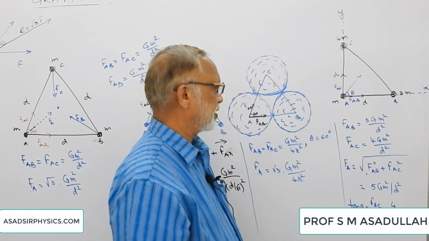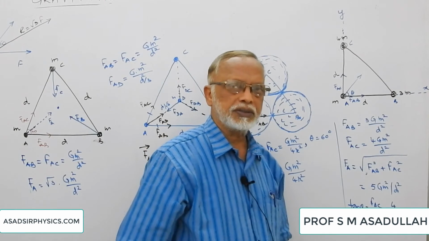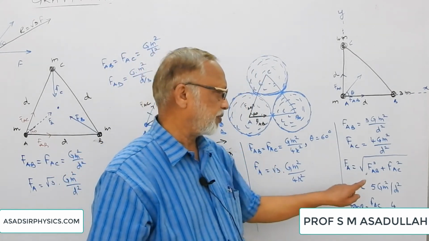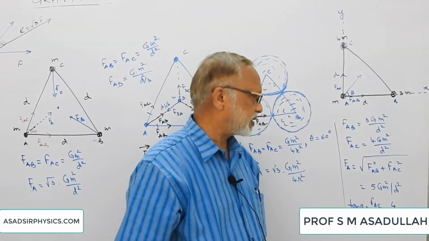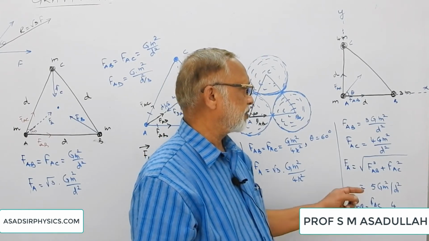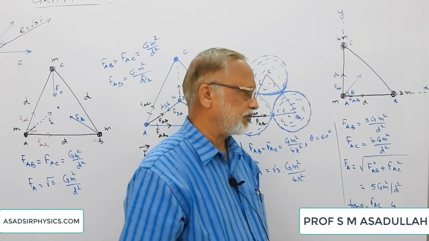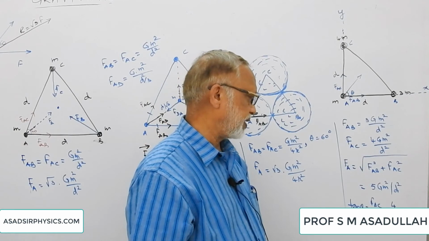We know that if there are two forces at right angles, the resultant is under root one force square plus the other force square. So here we have under root FAB square plus FAC square. G m square by d square is common. Then under root 3 square plus 4 square will give you 5. So the resultant force is 5 G m square by d square.